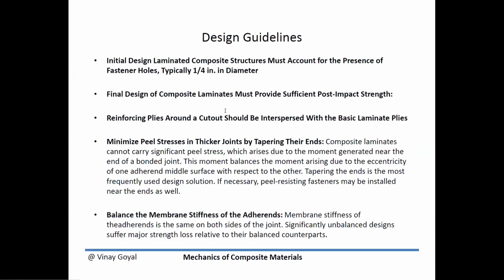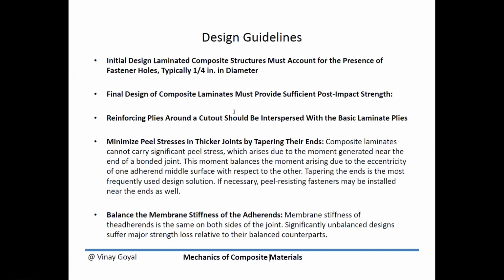Minimizing the peel stresses in thicker regions by tapering the ends is a good idea. Composite laminates cannot carry significant peel stress, which usually arises due to the moment generated near the end of a bonded joint.